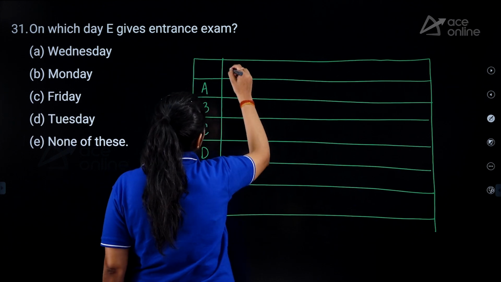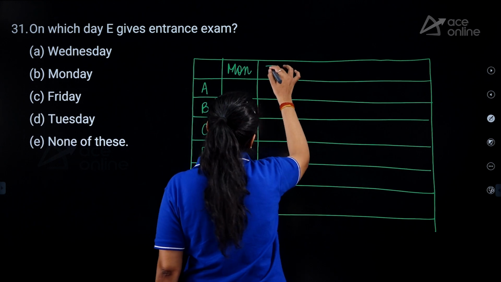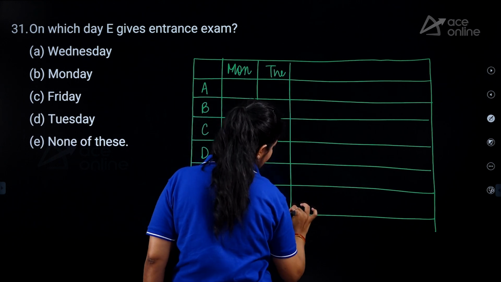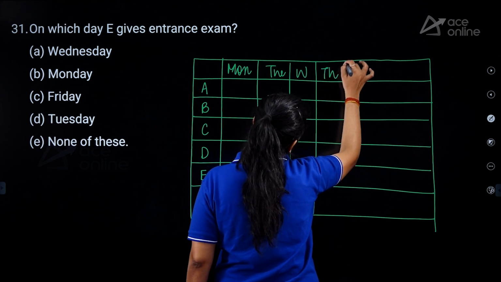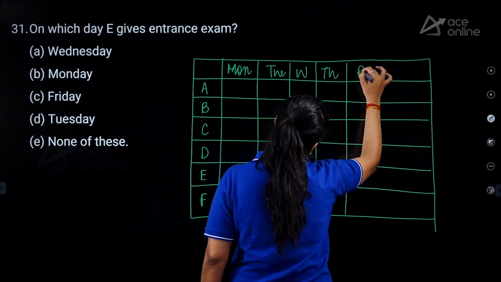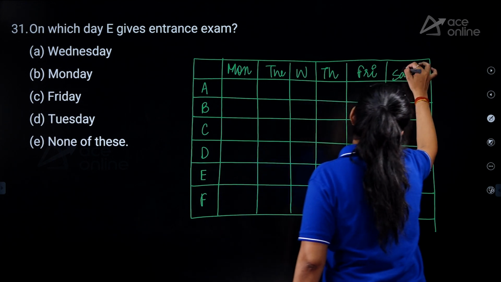Okay. So here we are having Monday, Tuesday, Wednesday, Thursday, Friday, and here we are having Saturday, right?